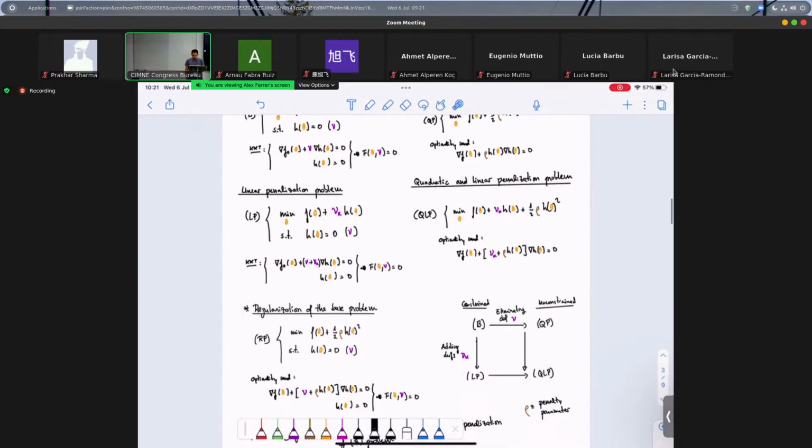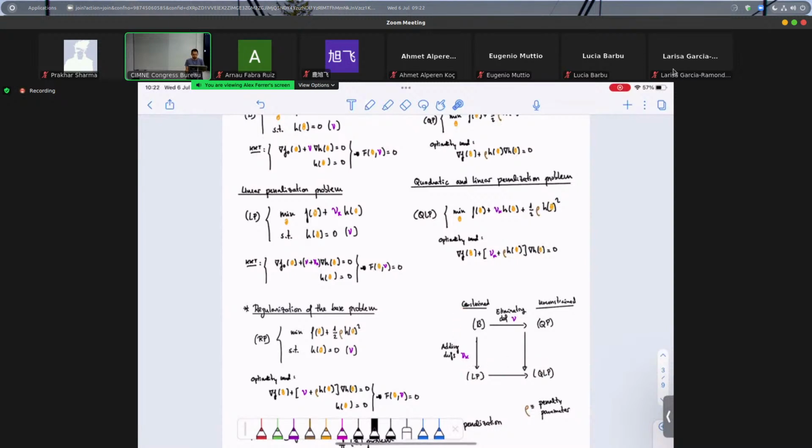Okay. So you have this square here. So going from here to here is adding nu k, and going from here to here is eliminating nu. So in fact, if you go here, you have eliminated one variable. If you go here, you have added one. But if you go here and then to the right, you have added and eliminated.